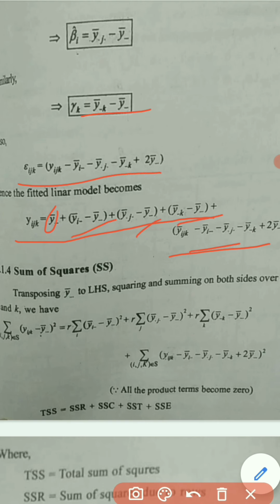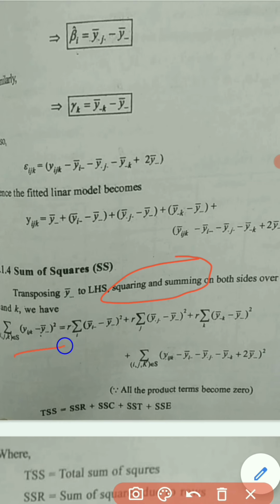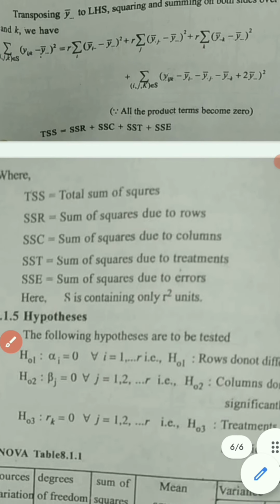Here it is. All those values we will put. After that, just put square and summation to this. All those values you will get, and we will denote TSS, SSR, SSC, SST and SSE to all this.